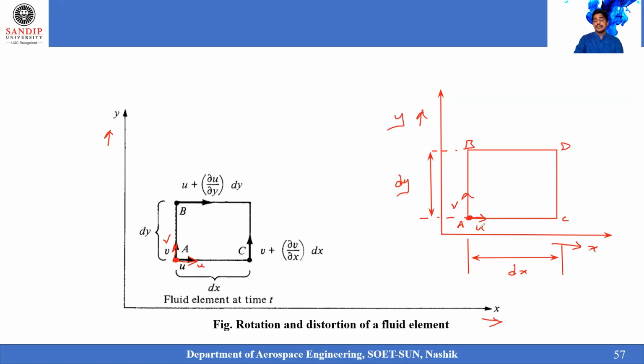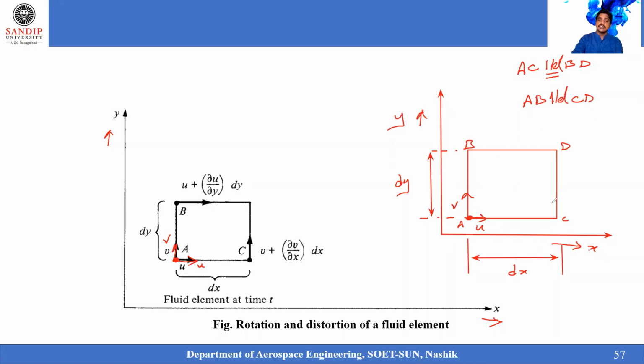Now the velocity available at point A initially started with the velocity of u. AC and BD are parallel to each other, so both the horizontal surfaces are parallel, and AB is parallel to CD.